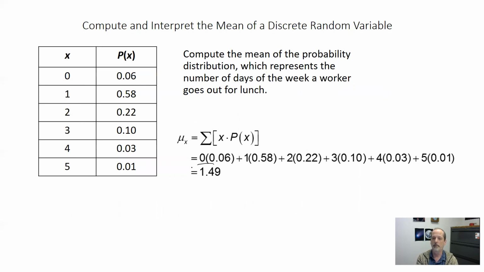And when we do the math, we find out that on average, a worker goes out 1.49 days per week. Well, that's interesting because there's no such thing as 1.49 days in a week. But if you average that out over a long period of time, you're able to get that 1.49, and it has meaning in that context.